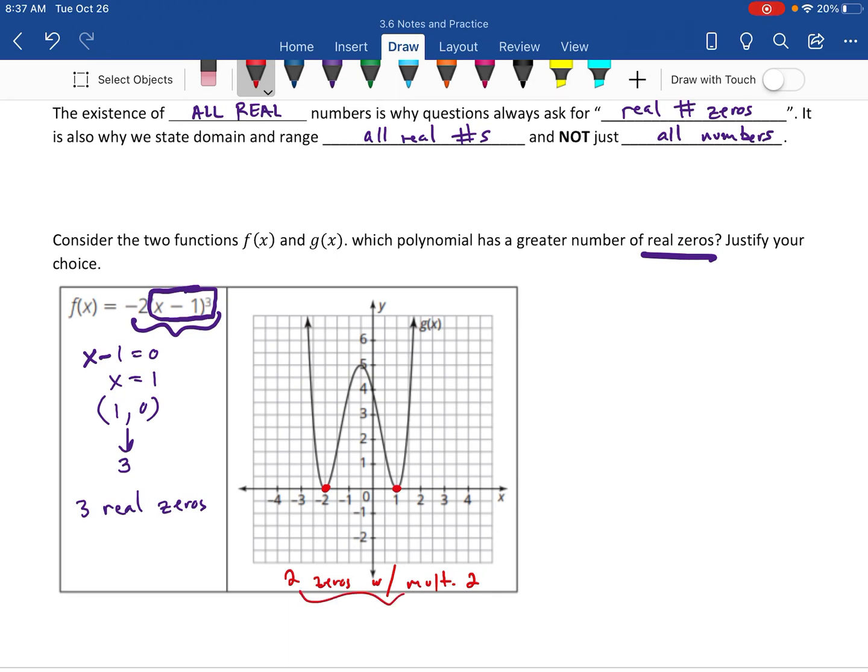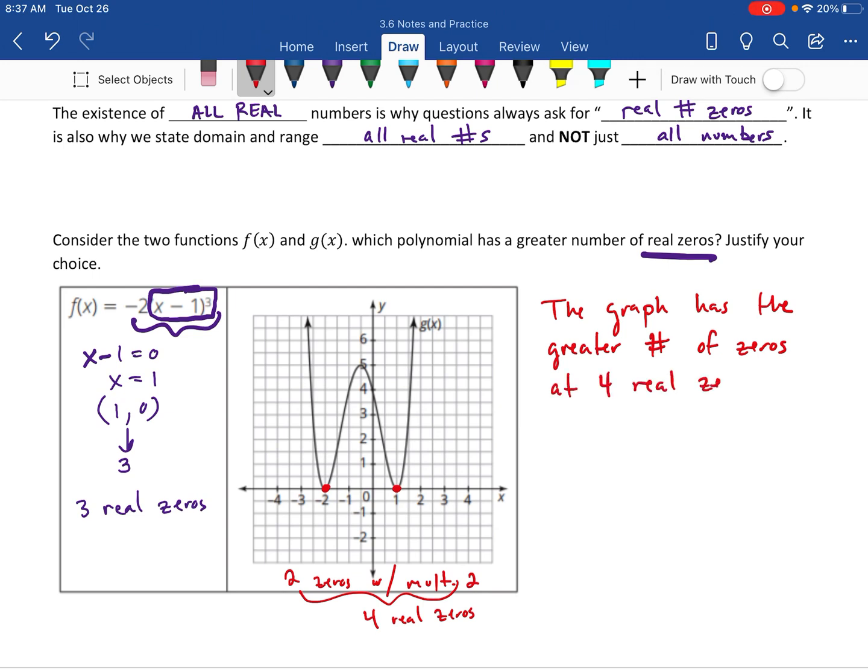So this will really have 4 real zeros, which means that this graph has the greater number of zeros at 4 real zeros. And I showed that the first one has only 3 real zeros. So your answer would be the graph.